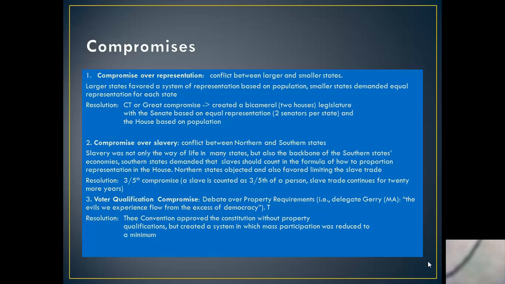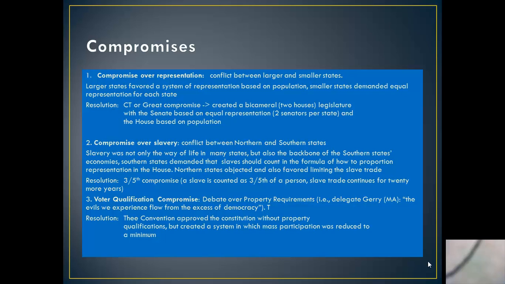A compromise that was much more controversial was the compromise over slavery, pitting the northern states versus the southern states. Consider that slavery was not only the way of life in many states, but also the backbone of the southern states' economies.